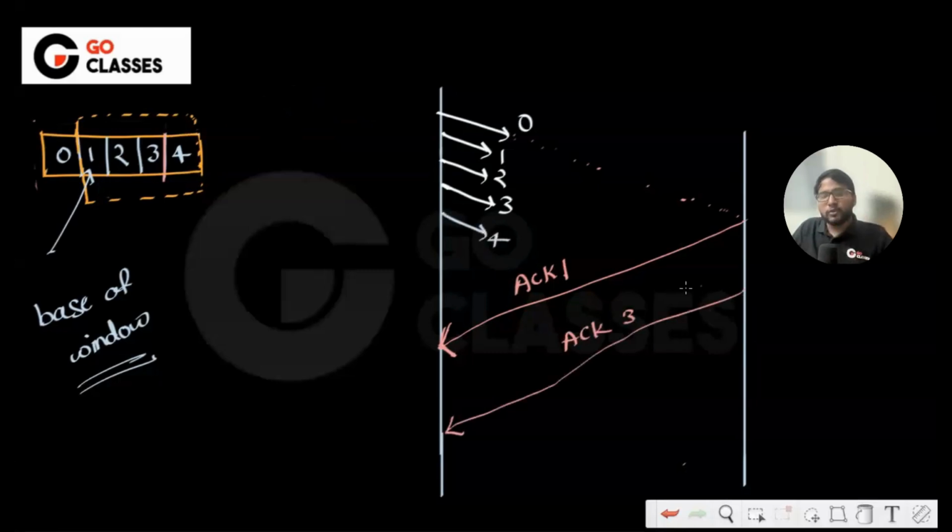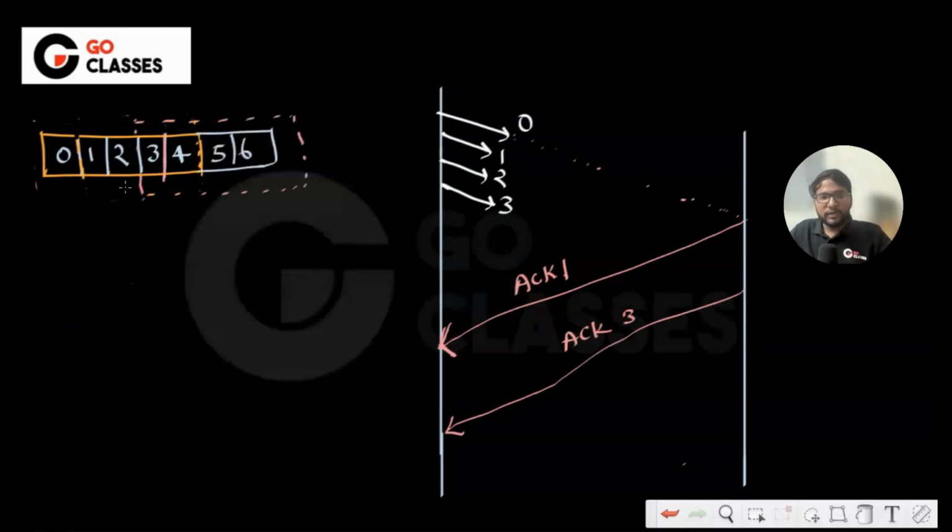Now let's suppose you got ACK 3 also. Then you will be shifting such that the base of the window will be 3, right? Now, can you tell me what are the packets that you will be immediately sending? Should you be sending 3, 4, 5, 6, or just 5, 6 again?